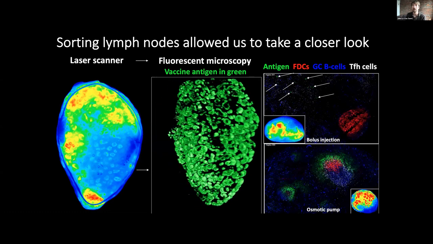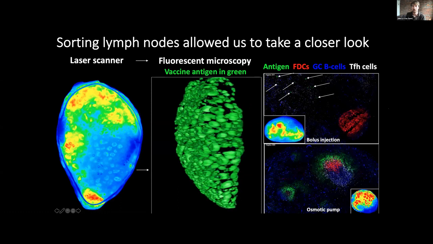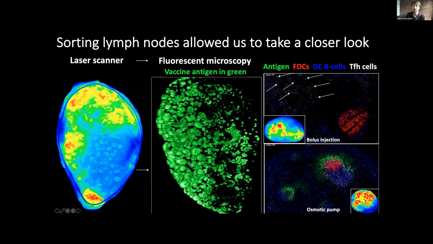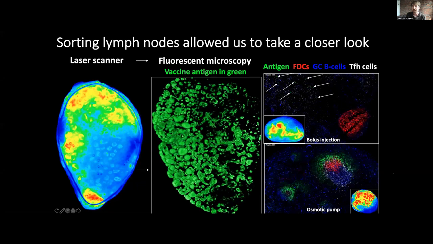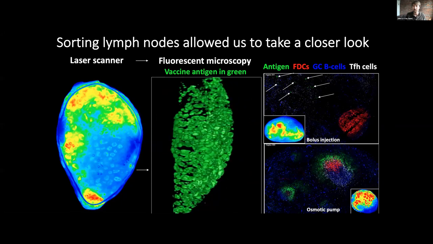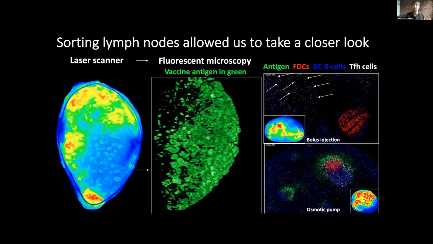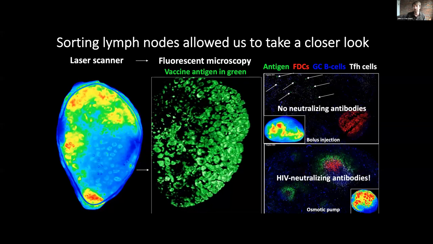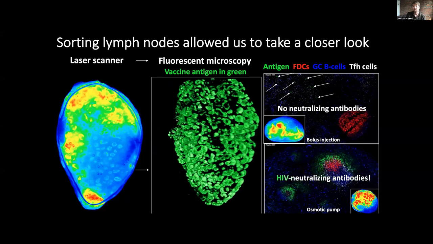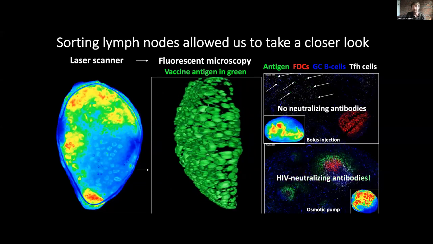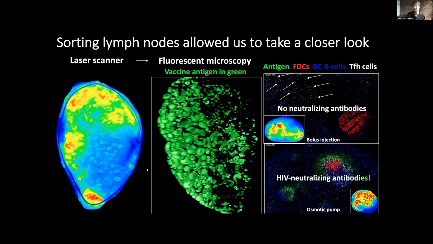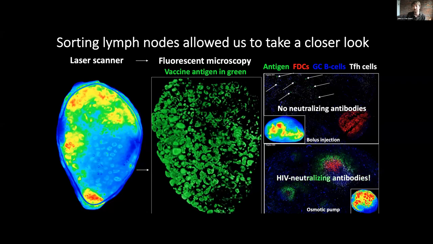So that's shown on top here, compared to the slow delivery method on the bottom here. So this result is actually really exciting because in a parallel experiment where we tested the antibodies that were produced in response to these different forms of vaccinations, only the slow delivery methods produced antibodies that could actually protect against HIV. So these images are actually helping us figure out how that happened. And so they're helping us get one step closer to making a working HIV vaccine.